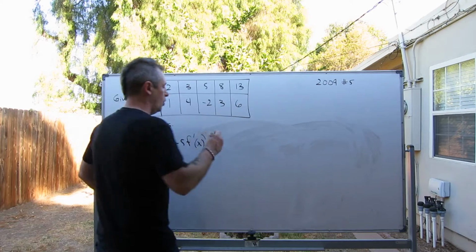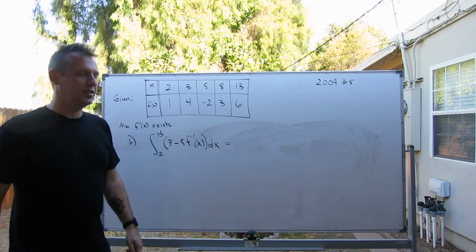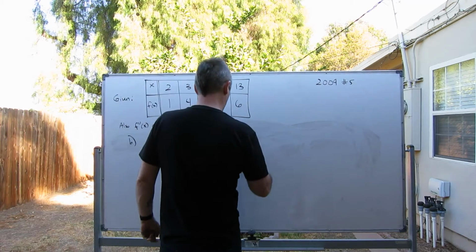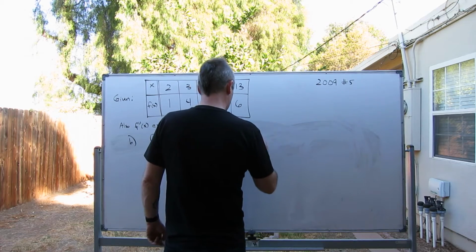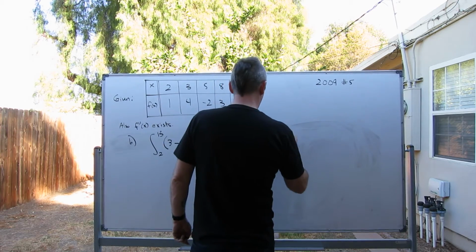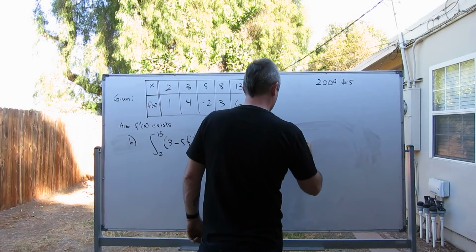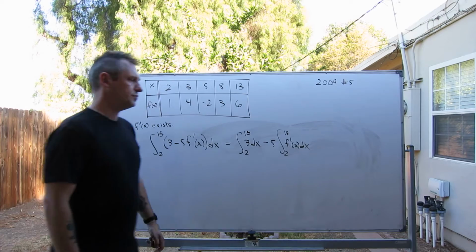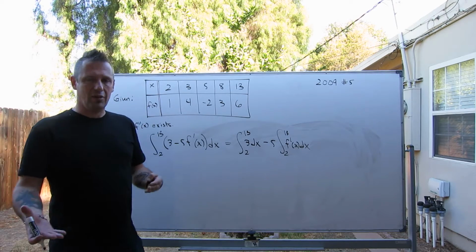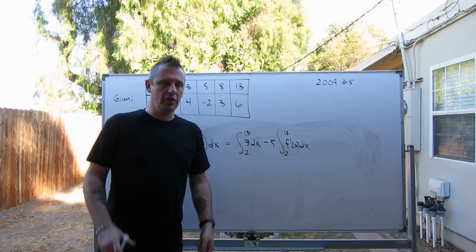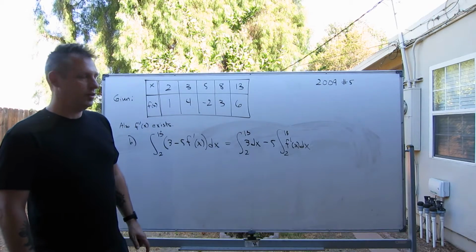So for example, hopefully very quickly you realize that this is just the integral from 2 to 13 of 3 dx minus 5 times the integral from 2 to 13 of f prime of x dx. This is what we call the linearity of the integral. It allows you to do this.